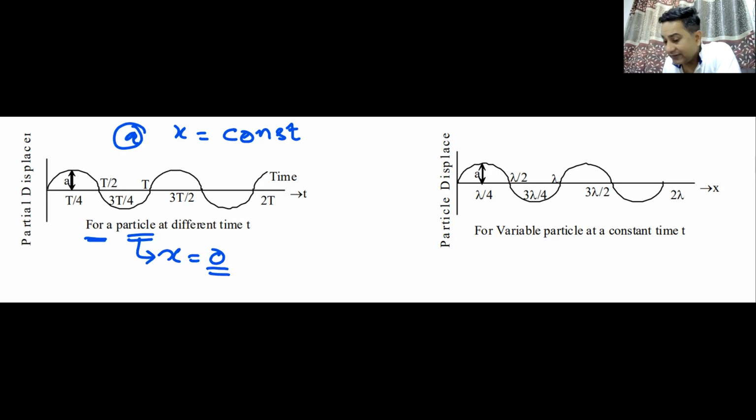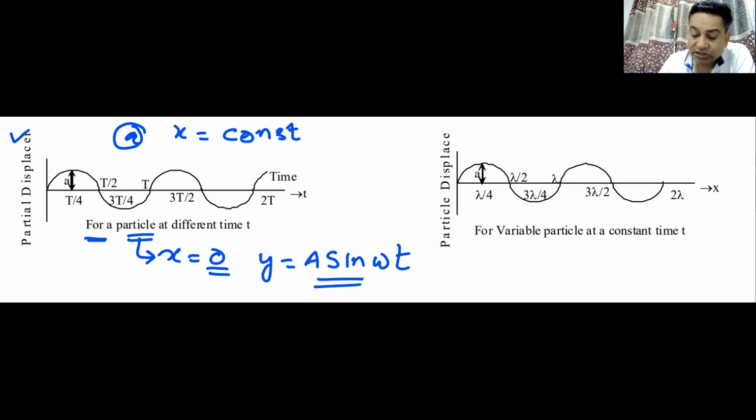If I put x as 0, the equation becomes y is equal to a sine omega t, and I get the position of that particle at all times, which is shown by this graph. Do we understand this?